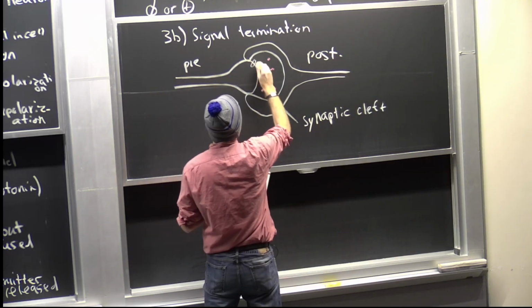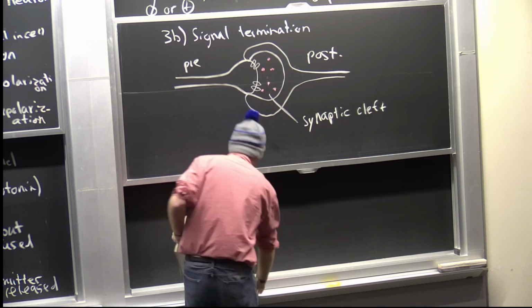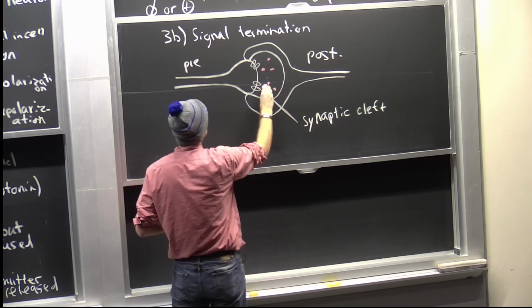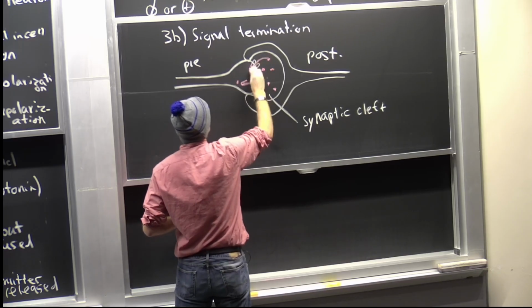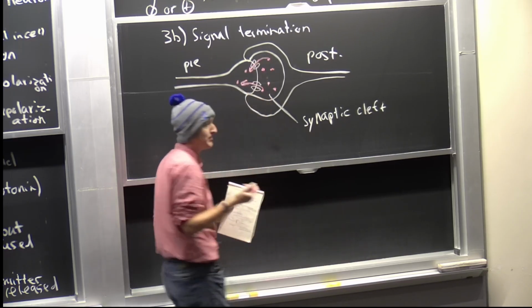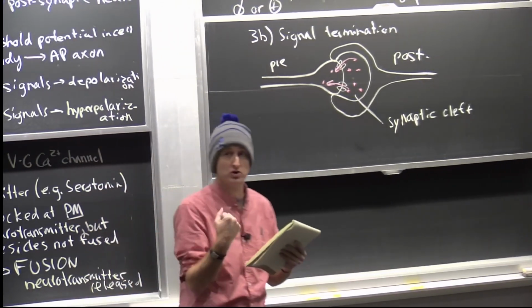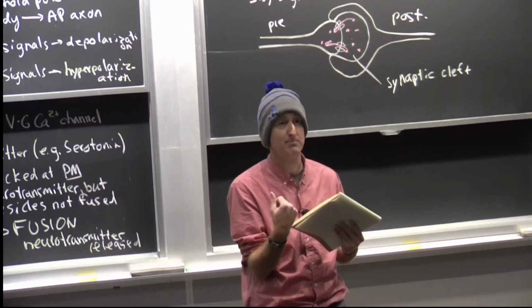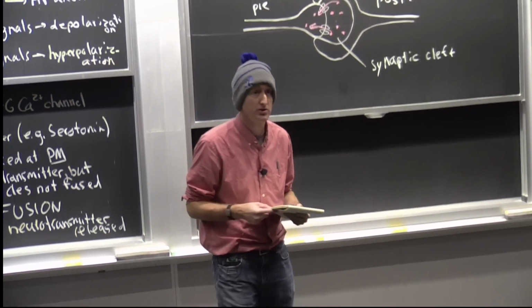For serotonin, there are channels that are present in the plasma membrane, and these mediate reuptake of the serotonin, okay? So you have channels that are basically, after the neurotransmitter is released, it sucks the neurotransmitter back into the presynaptic cell such that it can then reuse the neurotransmitter later on.